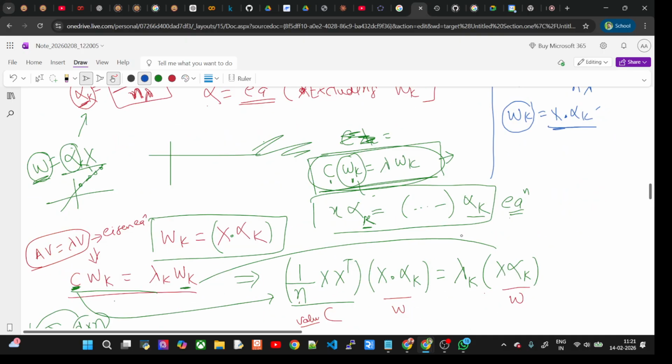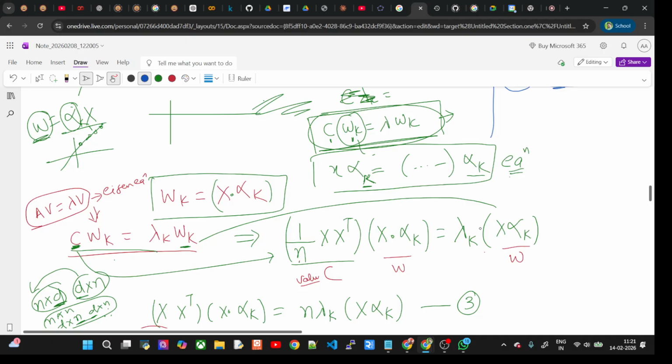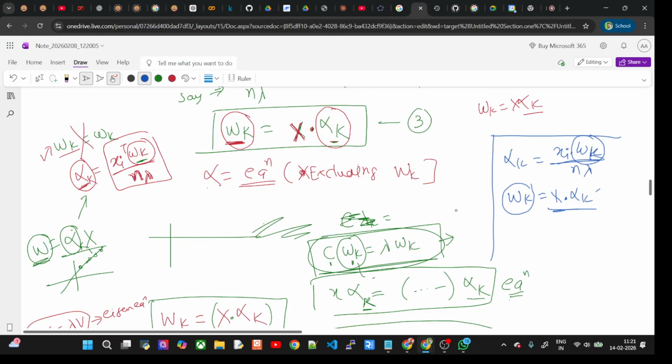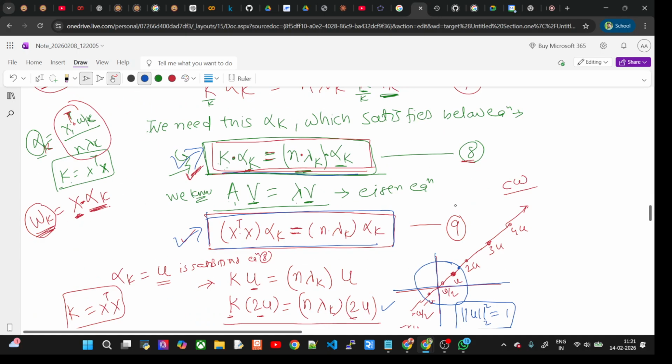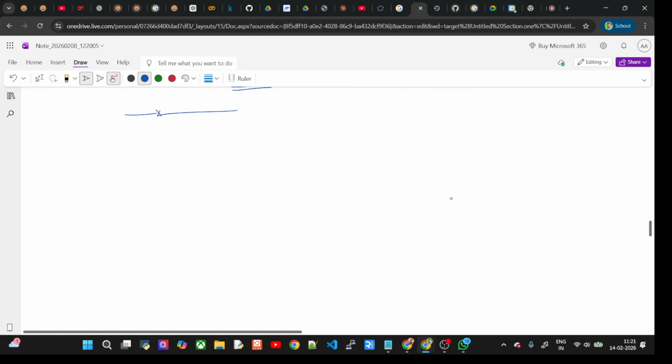So what did we do here? Quickly I'll mention it because of the earlier things. We said wk equal to x alpha k, this is what we have. We know the eigen equation, Av equal to lambda v. In our case, it is C into wk equal to lambda k into wk.